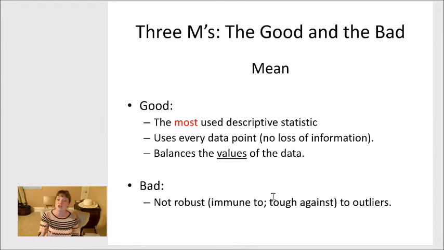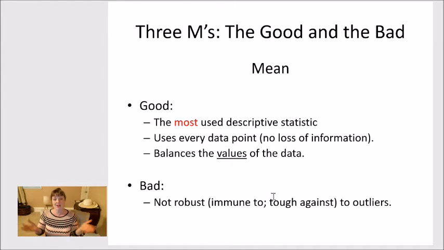Every single person's actual value for the variables you're looking at are addressed. You're collecting information and then calculate a number that summarizes everyone's actual scores. So it uses every single data point's actual values, which is a really good thing.